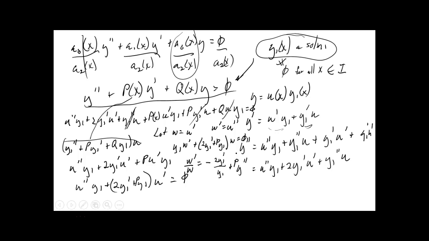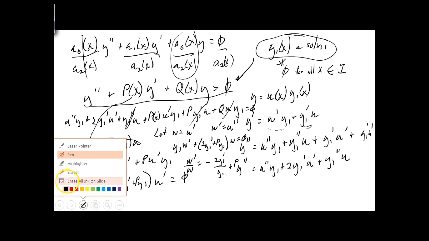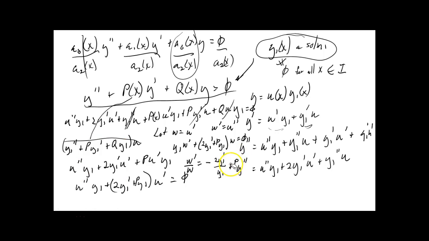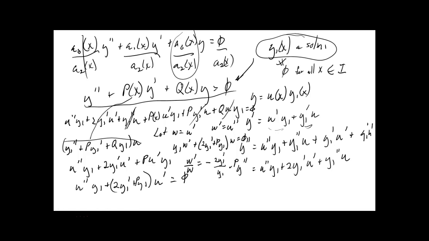Because the y1 here and that y1 would divide out. Either put it in parentheses or make them both negative. I don't care which, too much. Okay, I made them both negative. But that's separable. Okay?